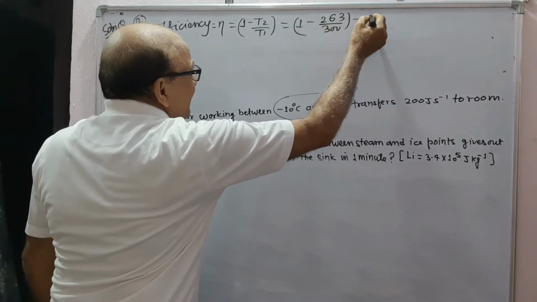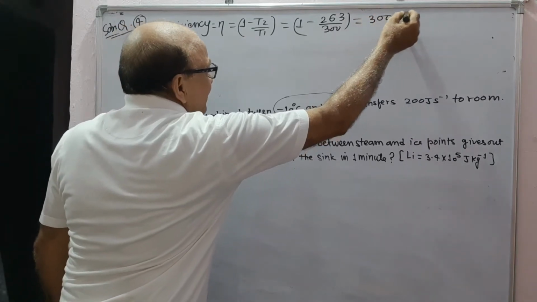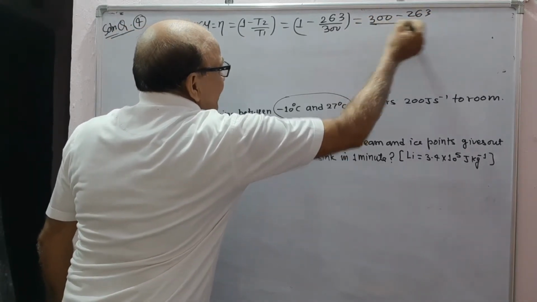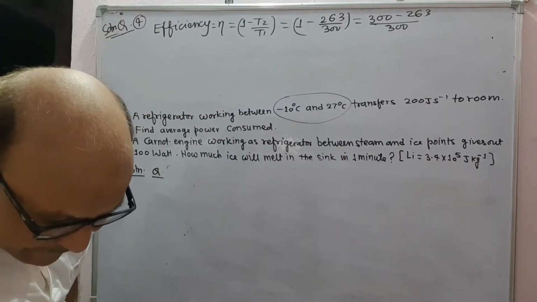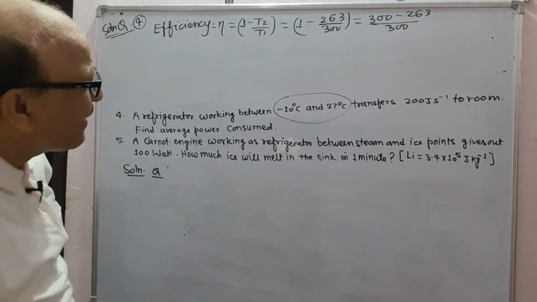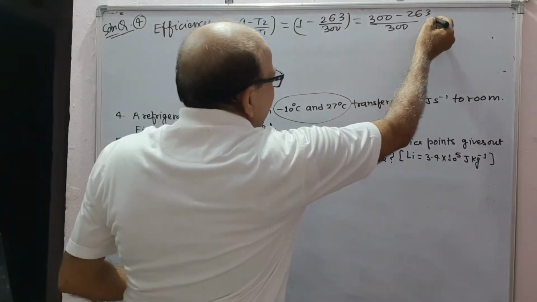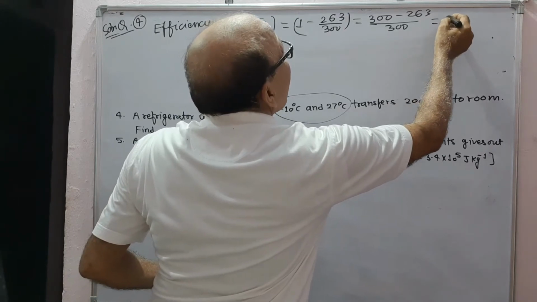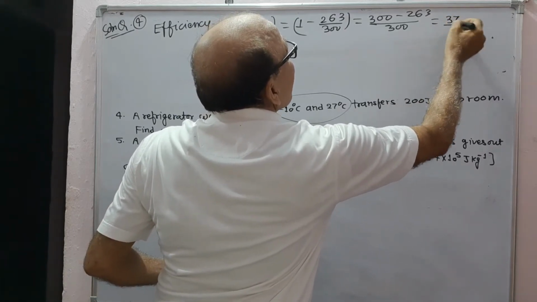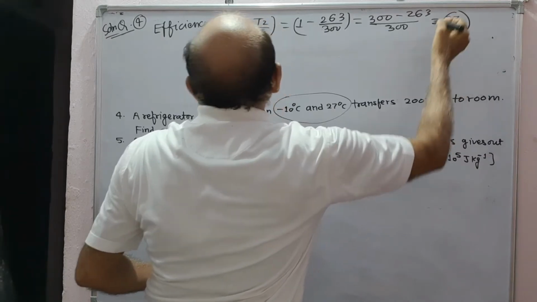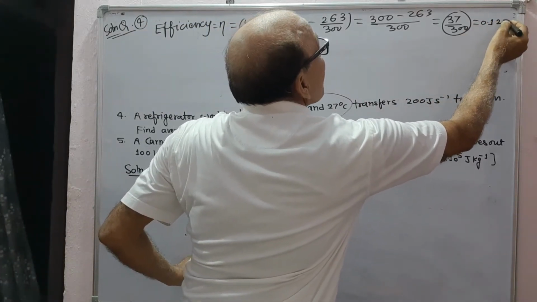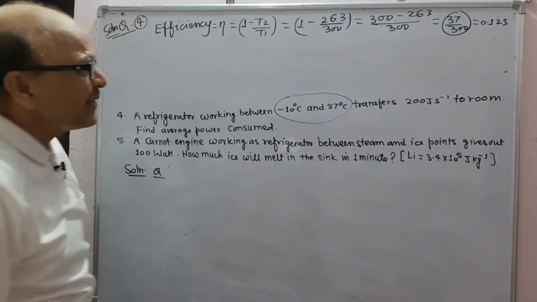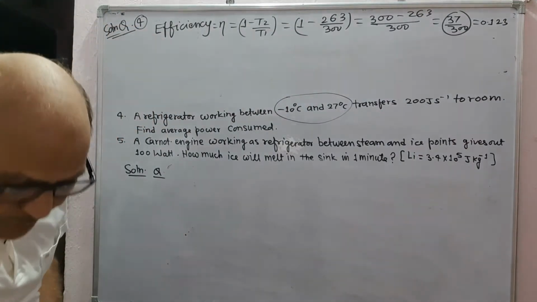So it will give 300 minus 263 upon 300, which means 37 upon 300. So this is 0.123, which means 12.3%.